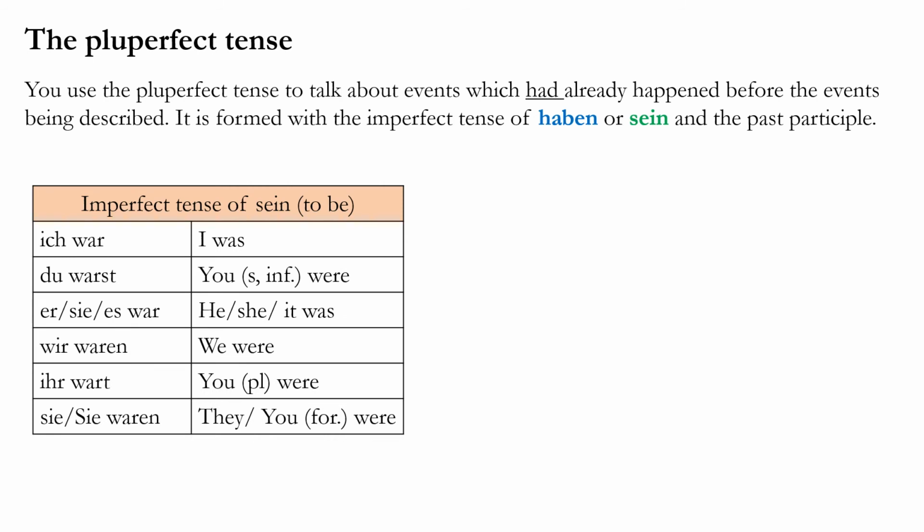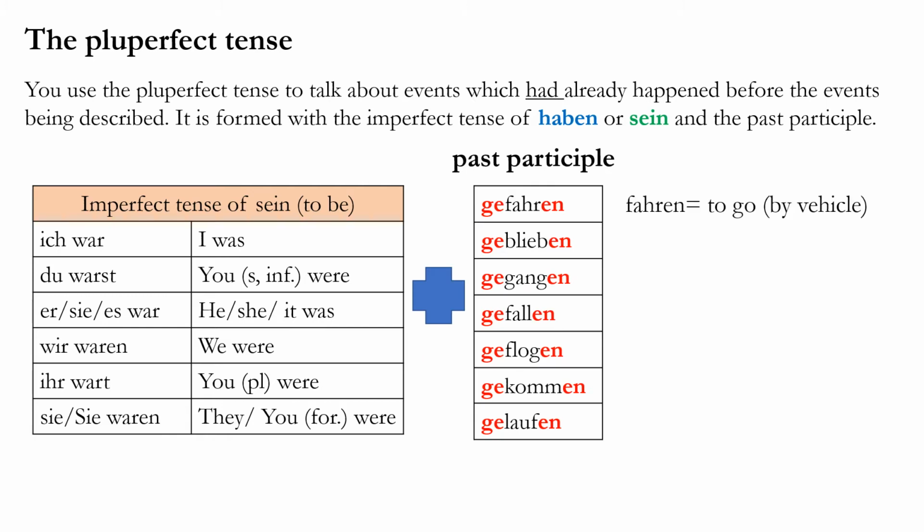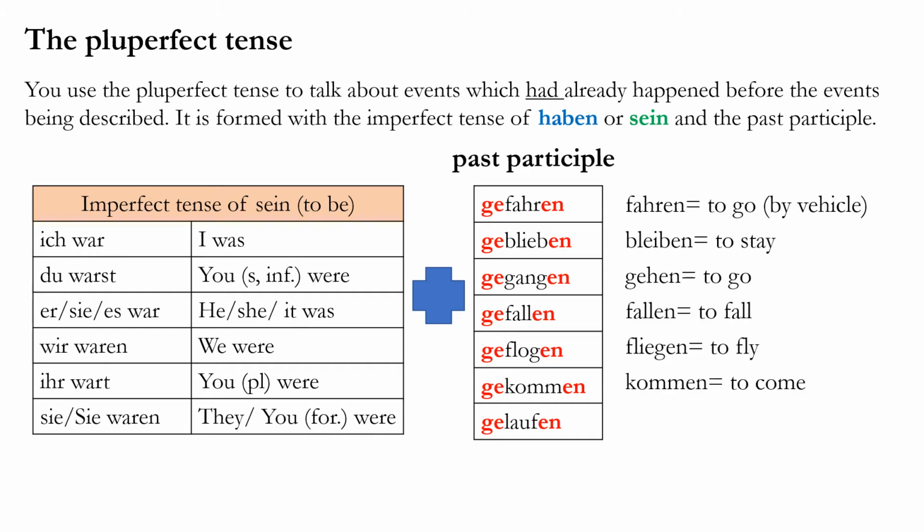Just like with the perfect tense, some form the pluperfect tense with sein, and these are verbs of movement, like fahren to go, bleiben to stay, gehen to go, fallen to fall, fliegen to fly, kommen to come, laufen to walk. Okay? And the difference between gefahren and gegangen is that fahren often involves a vehicle.